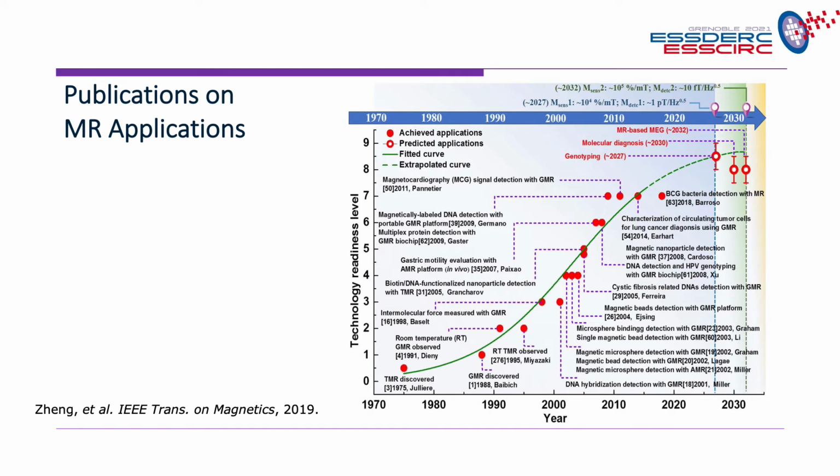Okay, let's look at the importance of magnetoresistive devices. In this figure, we can see what we can do with magnetic sensors, in particular tunneling magnetic sensors. Here is the publication roadmap of magnetoresistive sensors.